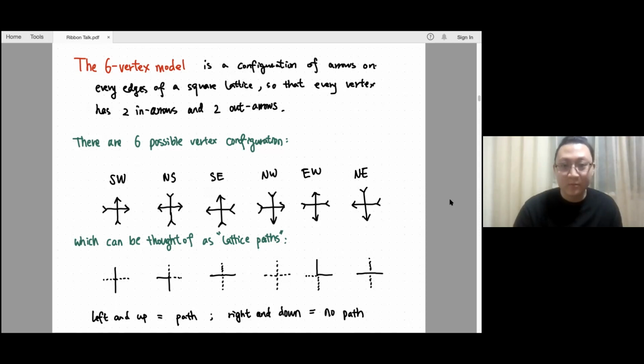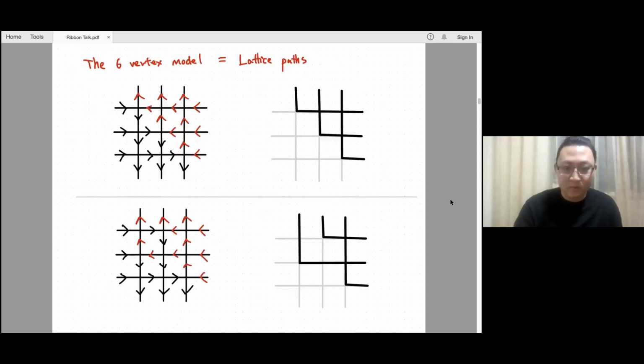And when there is a right arrow or a down arrow, then it means that there is no path. Then this allows us to redraw these lattice models as lattice paths on the square grid. So this is going to be useful later, but I just want to put it up here for now.